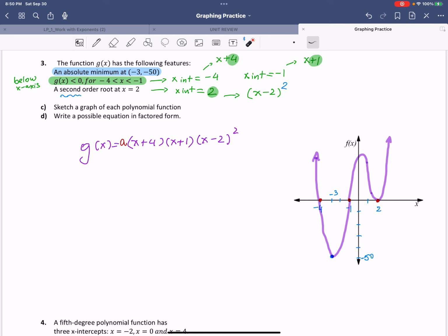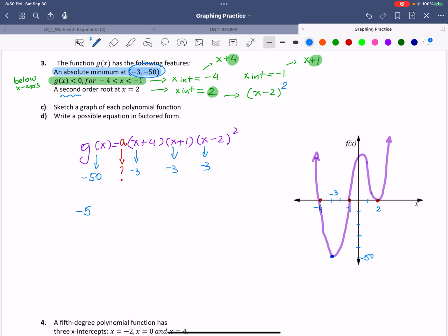And our mission now is to find the coefficient a. The way we're going to do this is by using this point here, (-3, -50). So x now is -3, and when that happens, the y value will be -50.